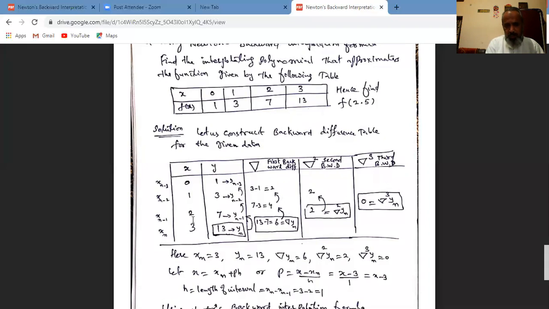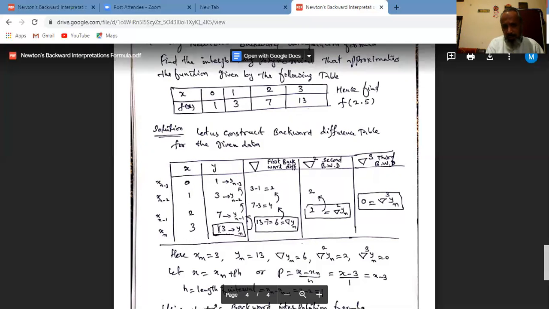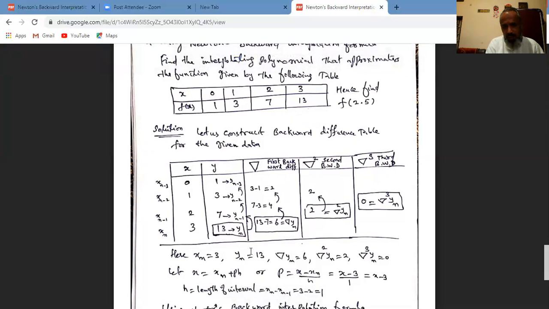Here we use the last value of X and the last terms of Y, the first backward difference, second backward difference and third backward difference. So in backward differences, we have to use the bottom values. Here x_n is equal to 3, y_n is 13, the first backward difference of y_n is 6, the second backward difference is 2, and the third backward difference is 0.